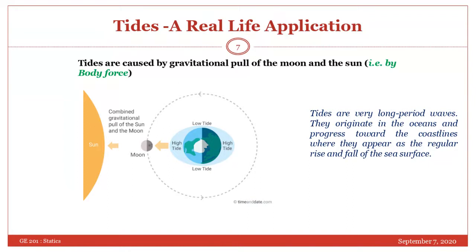On the other hand, if you see the position here or position here, because it is not in the direction of the moon, you don't have the high tides here, but here you have the high tides. Similarly, when the moon reaches over here, then you will find the high tides here and low tides in these two places.